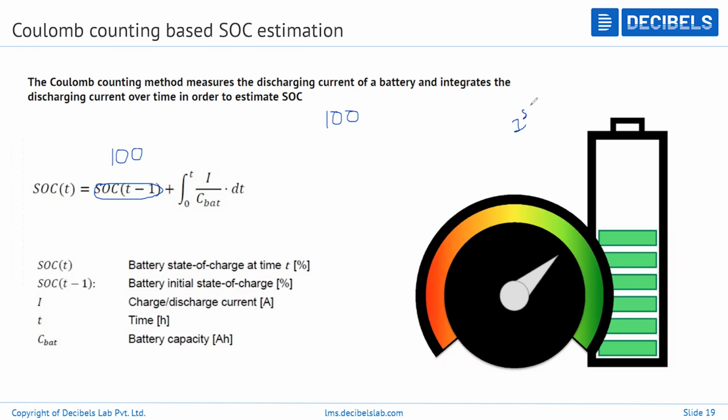For the first second, you're trying to draw some current like 3 amps. Let's assume the cell is 3 Ah, so you're trying to draw 1 C current for the first second. So 100 minus the integral from 0 to 1 of the current, which is 3 amps, divided by C_bat, which is 3 Ah, that is 3 into 3600, into dt.